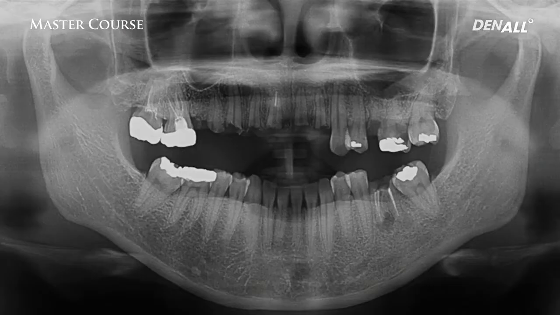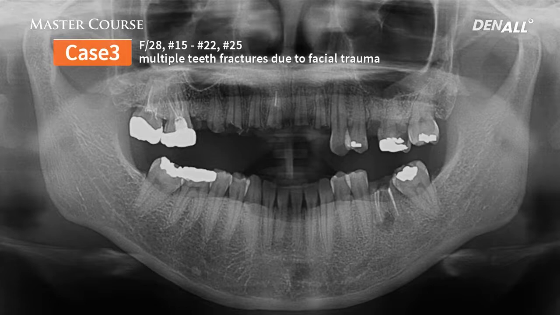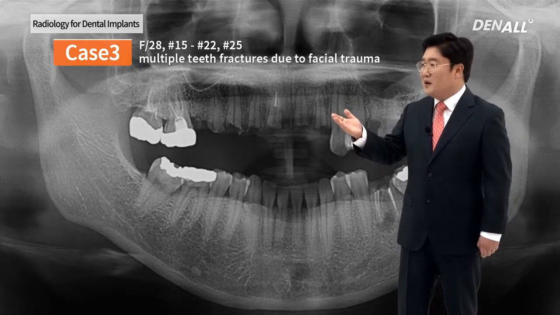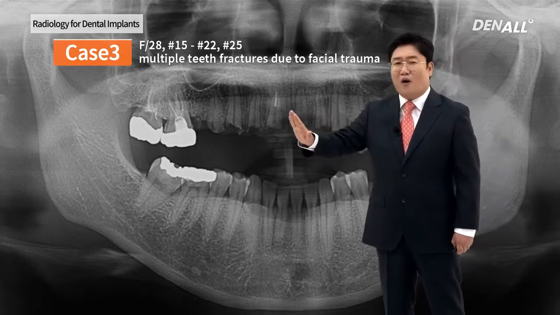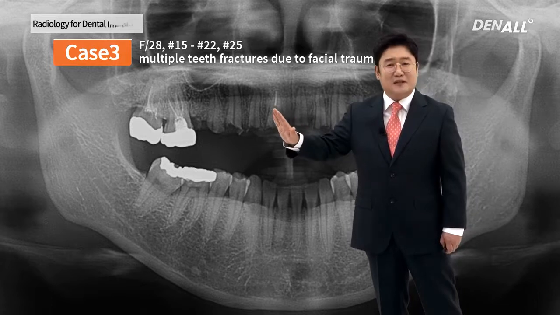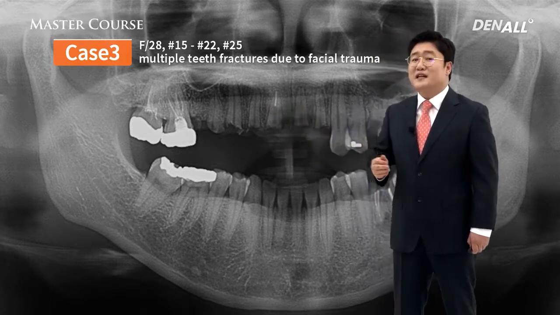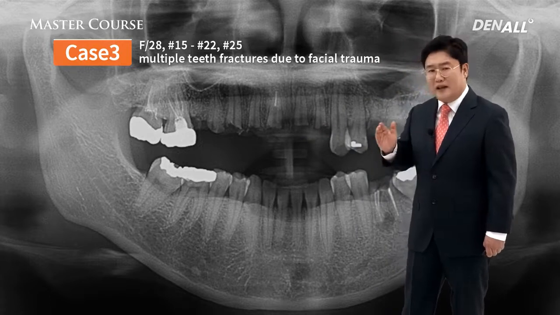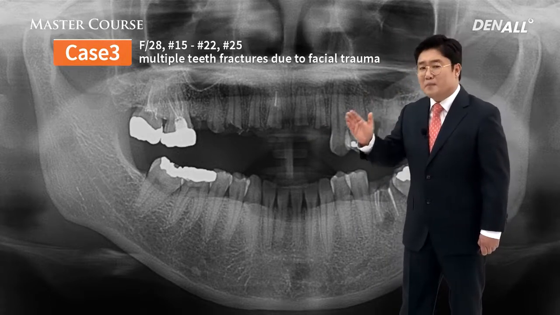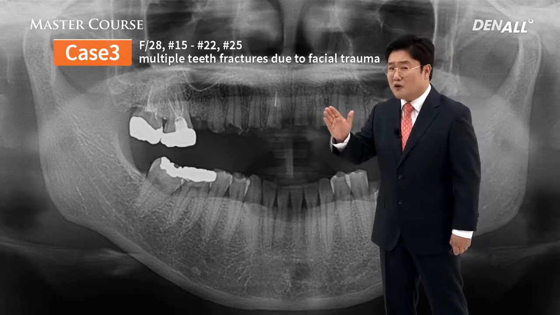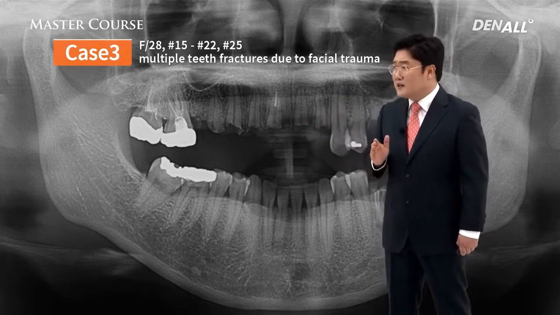In this patient, a young female patient who received facial trauma, so many teeth were destroyed. Implant will be placed after the extraction. The positions of the implant and their relations need to be identified.